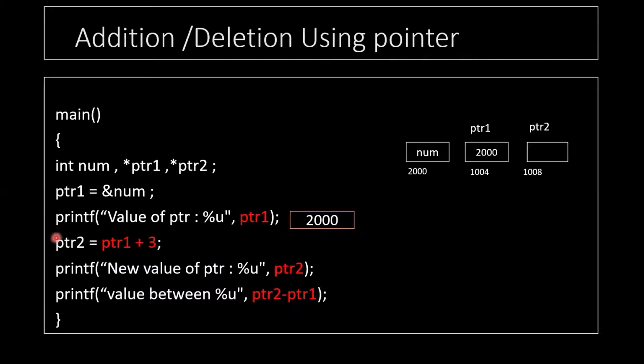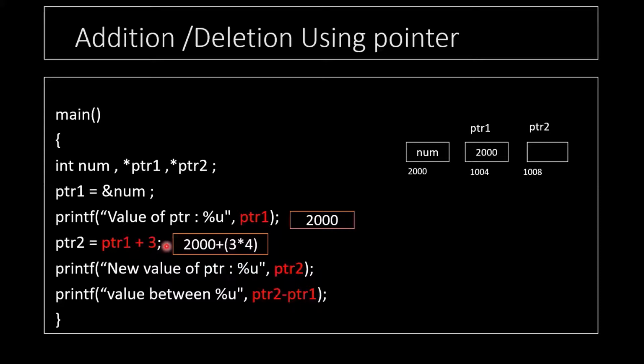Now see the next line: ptr2 equals ptr1 plus 3. As you have seen in the previous slide, incrementing is the same as adding one value. So here we are adding 3 such values. 2000 was the base address, that of ptr1, and we are adding 3 values.